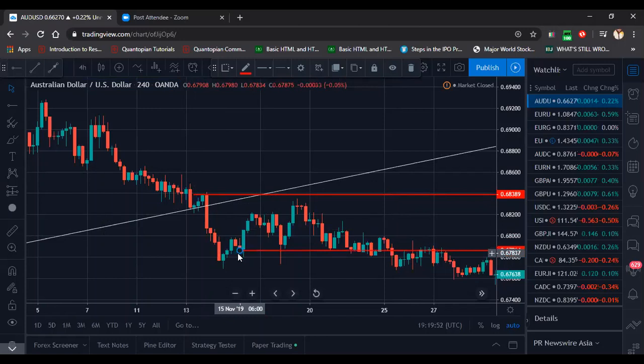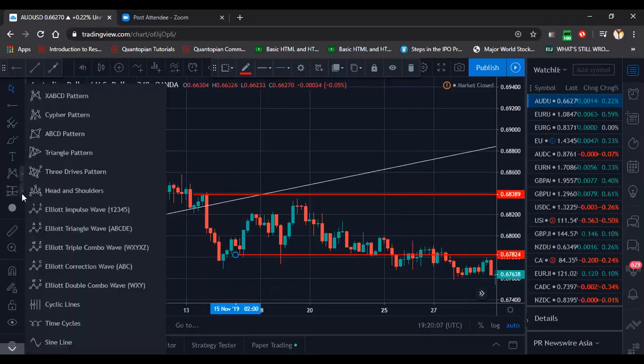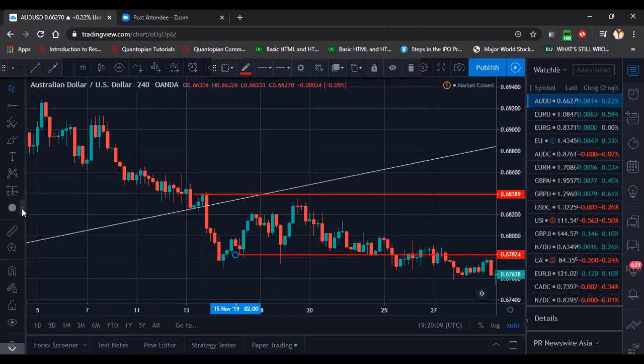So realize that bears were in the market, sellers were in the market here. They were selling, and then buyers jumped in. Let me see if I'll get a curve.